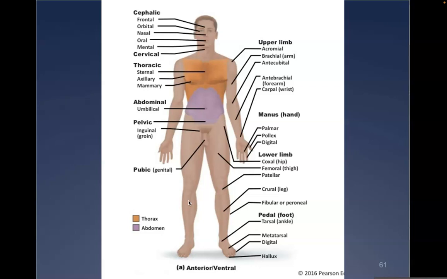If you get to know these terms now, then they will really help you in terms of doing some of the memorization for the lab, because you're going to see a lot of the lab terms are going to be named after these areas. Like you're going to have nerves and blood vessels that use the term axillary, referring to anything that's in the armpit region, okay? So make sure that you get familiar with these terms.